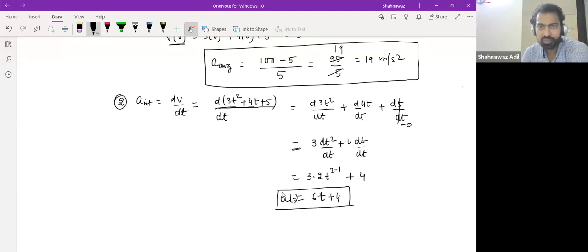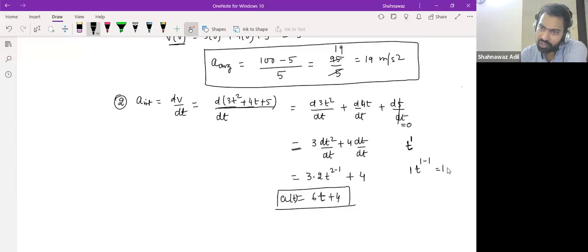Yes, Afaf, what do you say? No, I said after 4, 0 won't come. Only 4 will come. dt by dt is 1. Or you can see it this way: what is the power on t? It is 1. So 1 would come in the bottom, and then you subtract 1 from it.